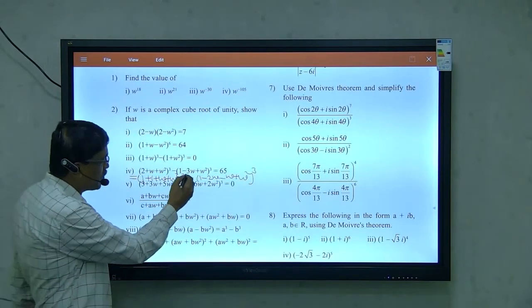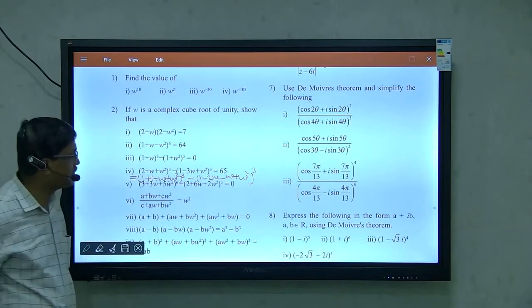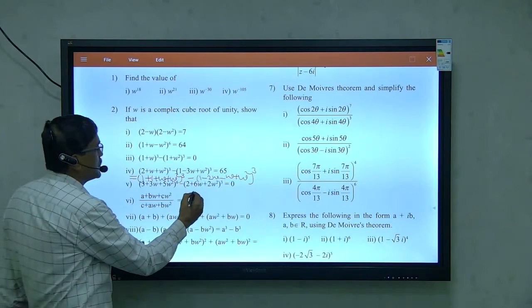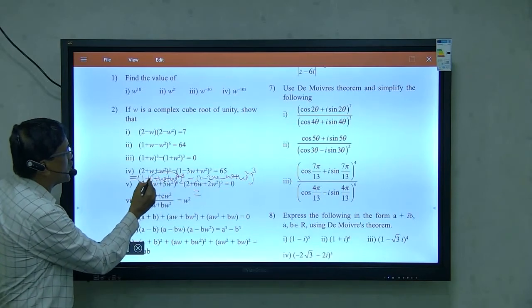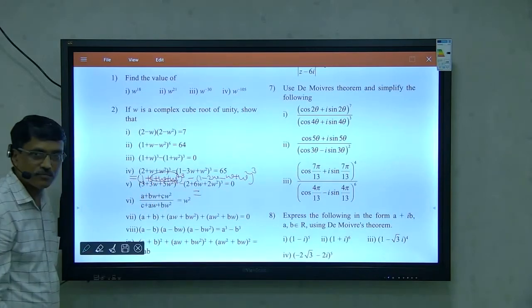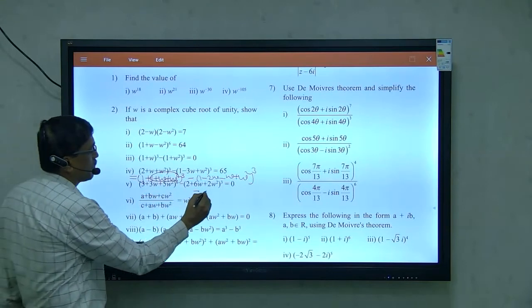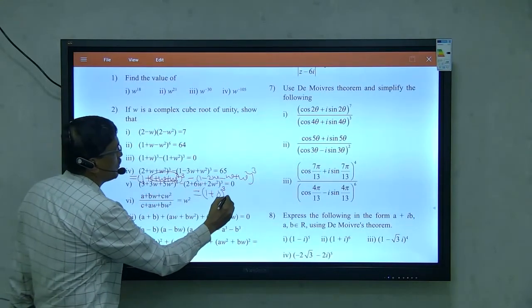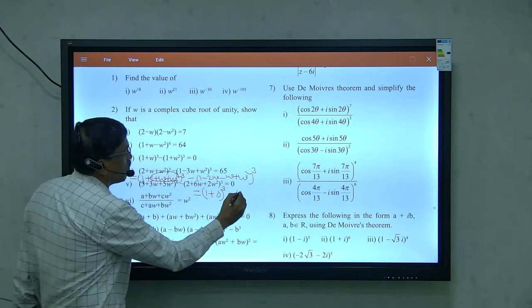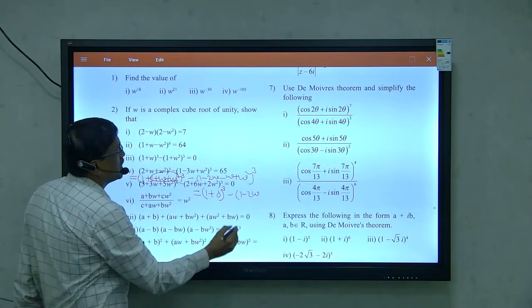We split minus 3 omega into minus 2 omega and minus omega. Next, 1 plus omega square is equal to 0, so (1 plus 0) cube minus (1 minus 2 omega).